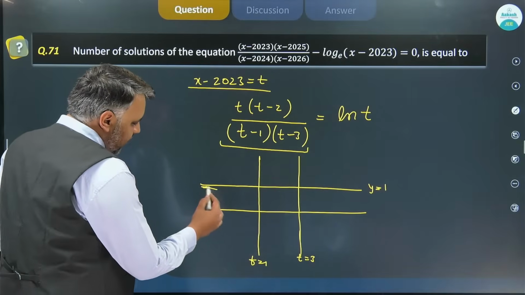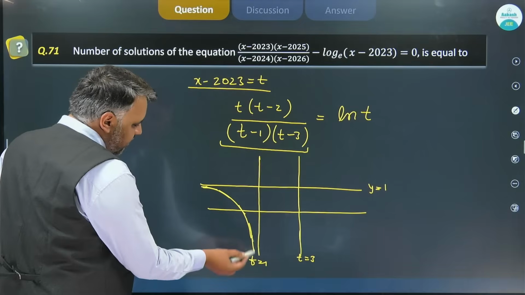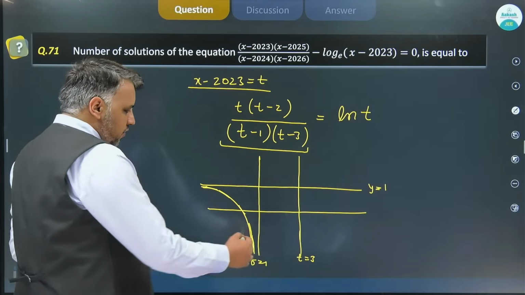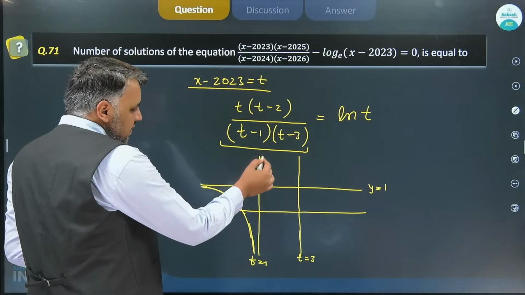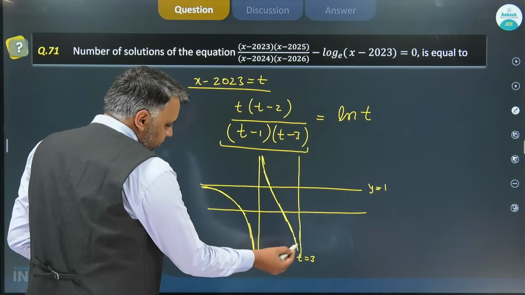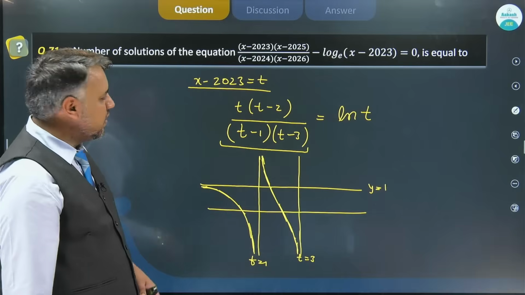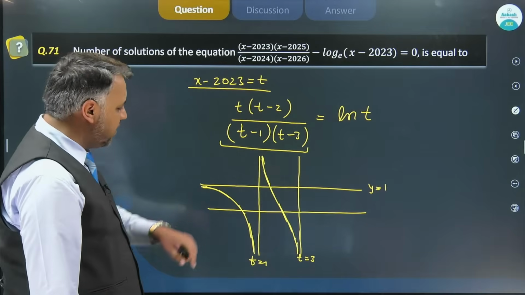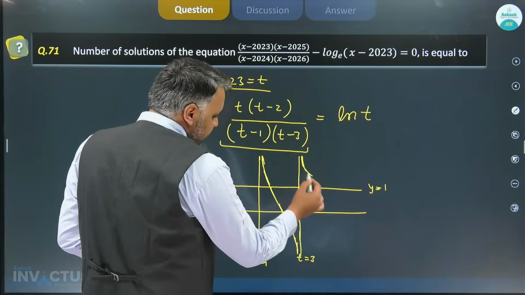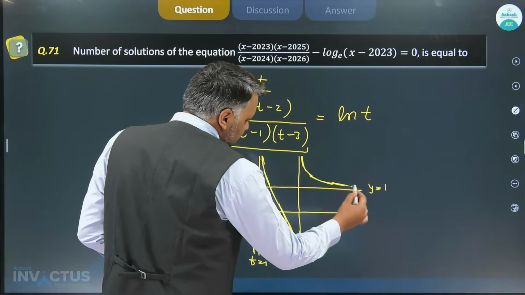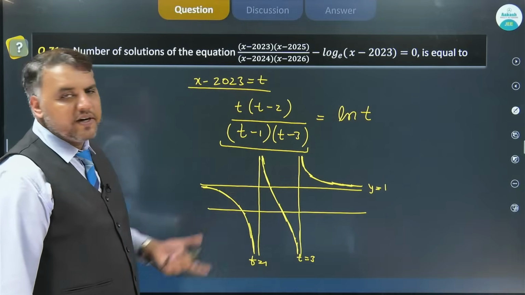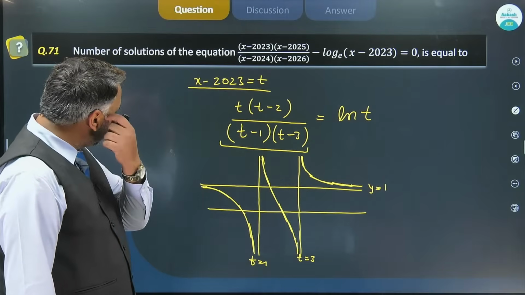On the left side of t is equal to 1 it will approach minus infinity. From the right side of t is equal to 1 it will start from infinity and always decrease. On the left hand side of t is equal to 3 it will be minus infinity. And from the right hand side of t is equal to 3 it will start decreasing from infinity and approach the value 1, just above 1.